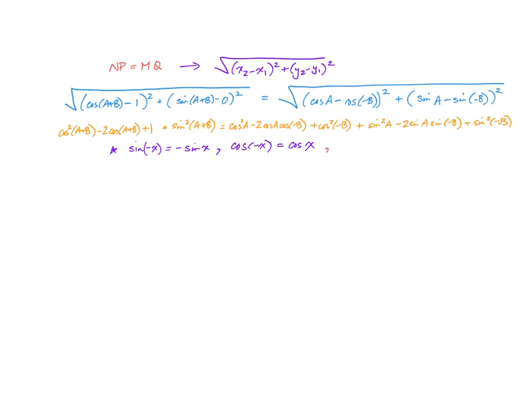That we also know that we have our Pythagorean identity, that sine squared of some angle plus cos squared of some angle equals 1, as long as those angles are the same. So I'm going to see if I can use my Pythagorean identity to sub in as well.